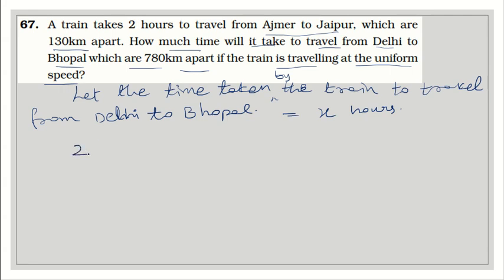That means 2 hours is to 130 kilometers, which equals X hours is to 780 kilometers.